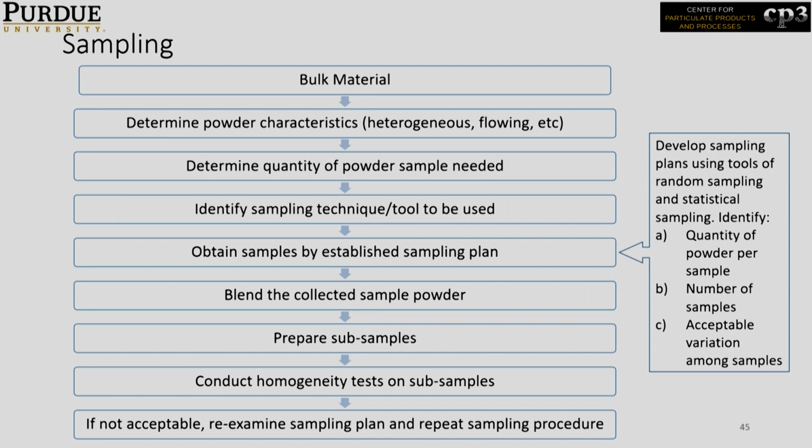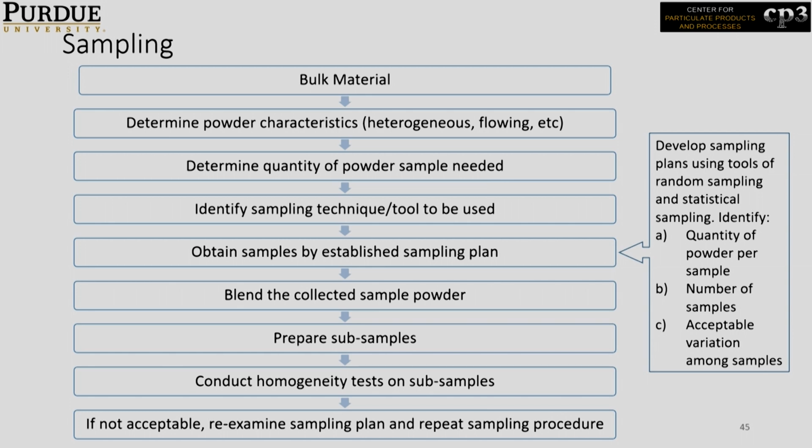But if it's free flowing like rice grains, corn, cereal grains, then you will definitely need an appropriate sampling procedure that reflects their flow behavior or flowing characteristics. Because when it's free flowing, they segregate a lot.